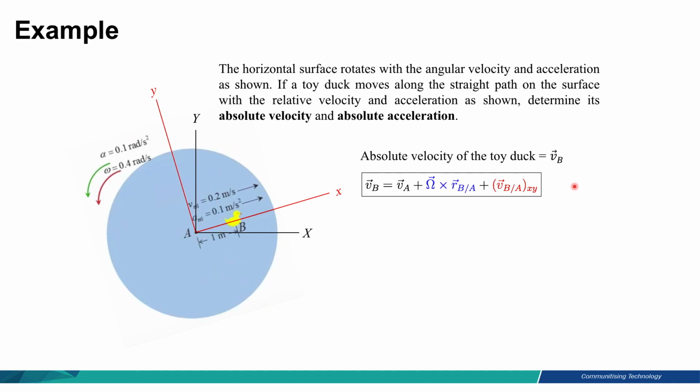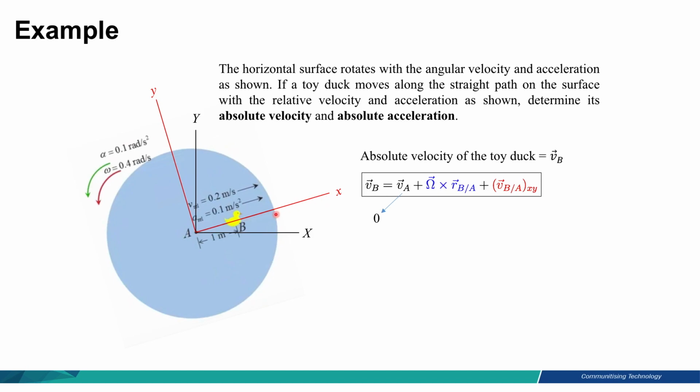So let's substitute the value of each of these terms in the equation. VA, point A is not moving, it is the center of rotation, and therefore VA is equal to 0. The capital omega here is the angular velocity of the rotating axis.